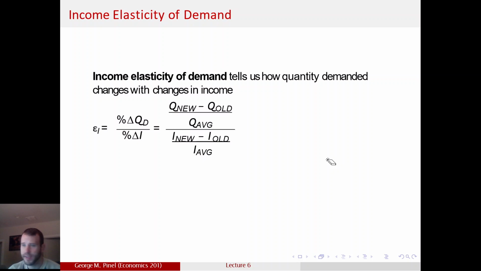Just like the other formulas, it's essentially percent change in quantity demanded over percent change in income. It's a percent change of one thing over percent change of another. So instead of percent change in price, it's now percent change in income. You have your income new minus your income old over income average. Everything else is the same.